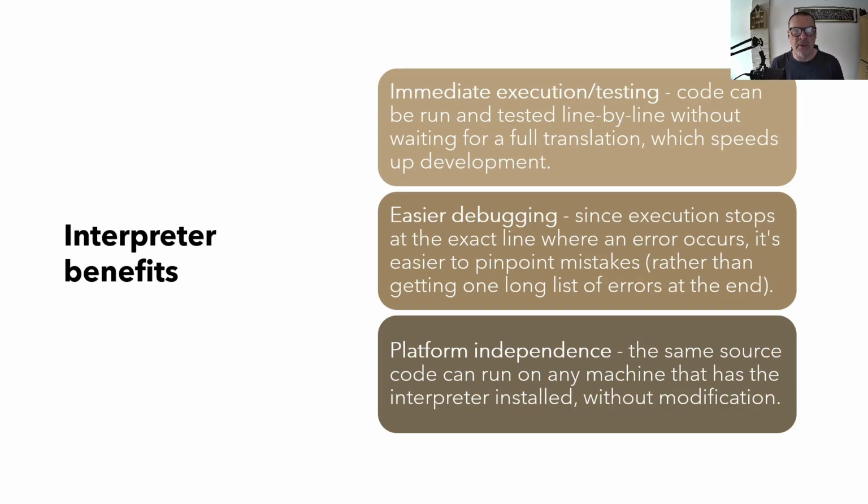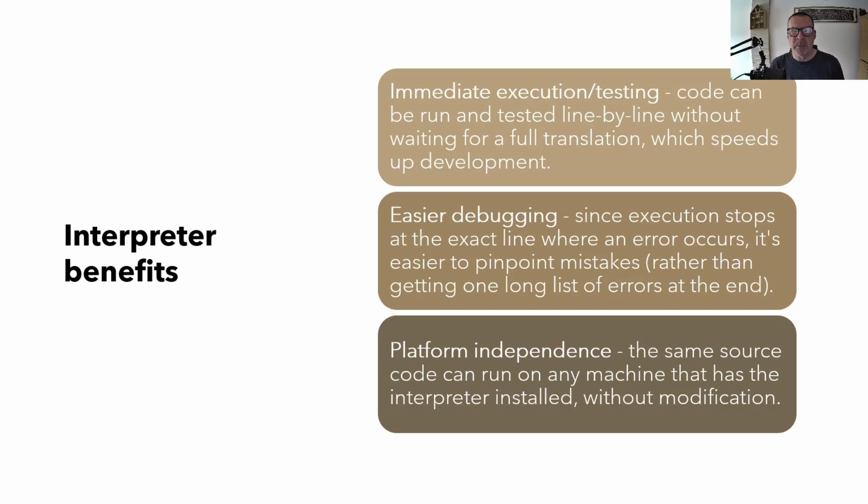Interpreters have benefits though. The benefits of an interpreter are the immediate execution and testing of code. You can start straight away by testing your code. You can run it. If there's a bug in the first line, you find it immediately. You don't have to waste time waiting for the whole thing to be compiled.